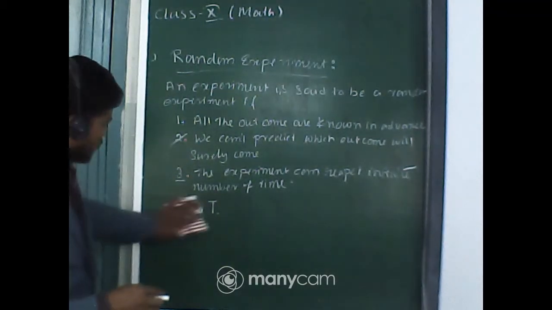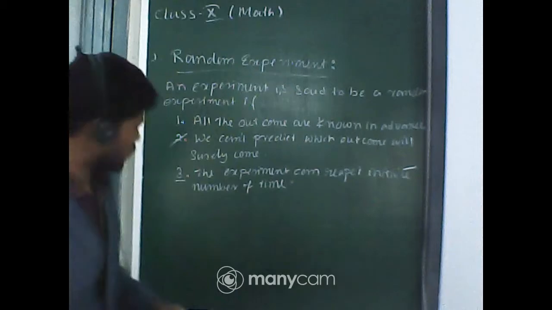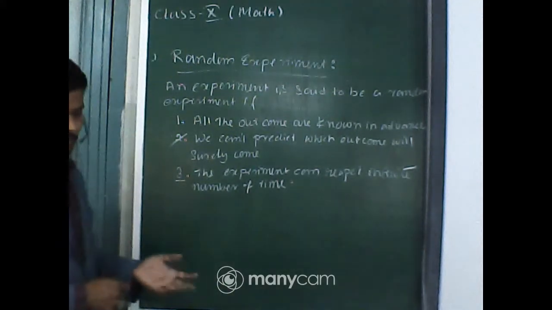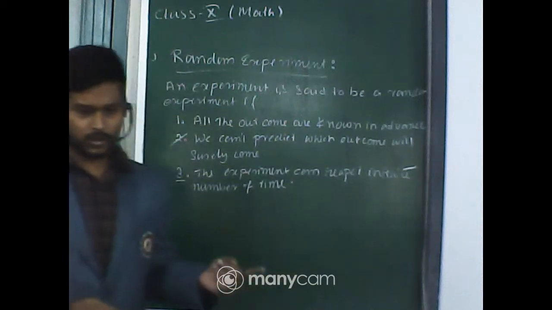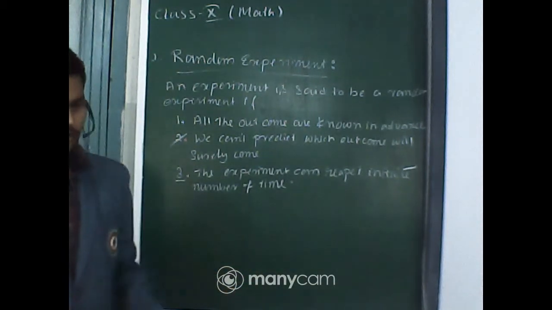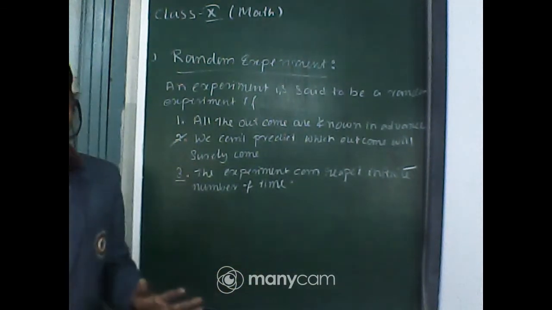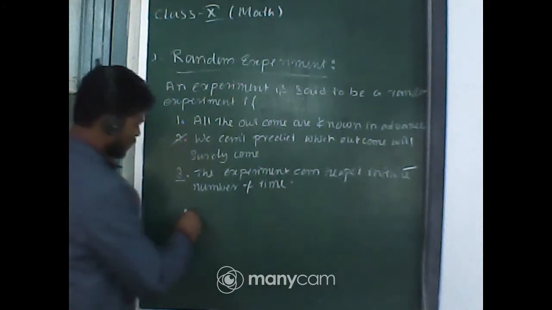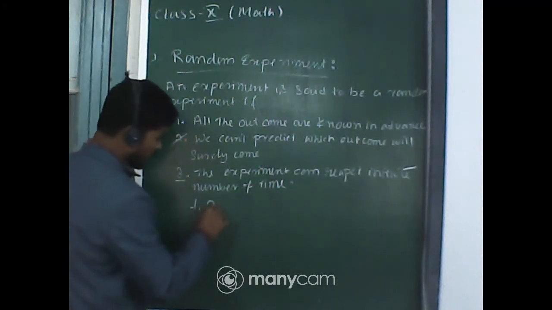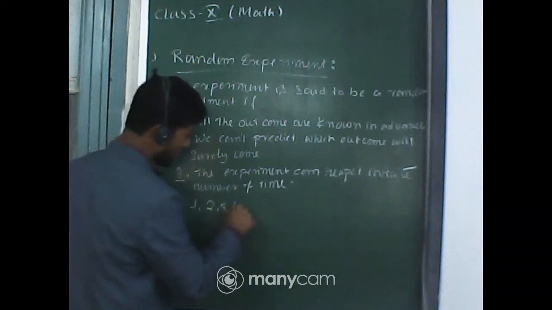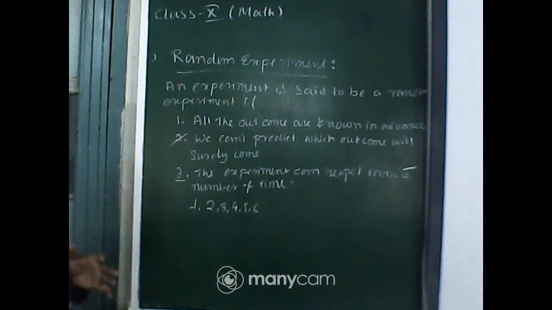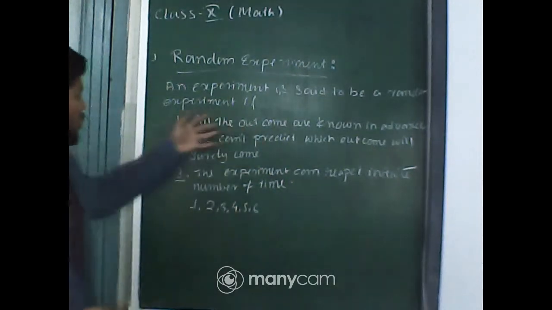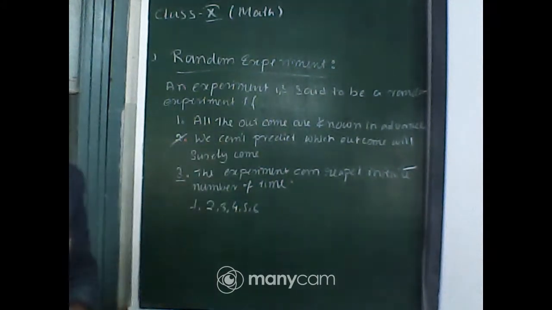Similarly, if I throw a die, I think you know the die. When we throw a die, we know that the result will be either 1, 2, 3, 4, 5 or 6. That means before doing the experiment, we know the possible outcomes.